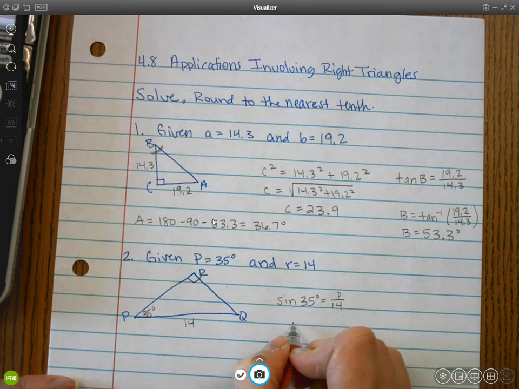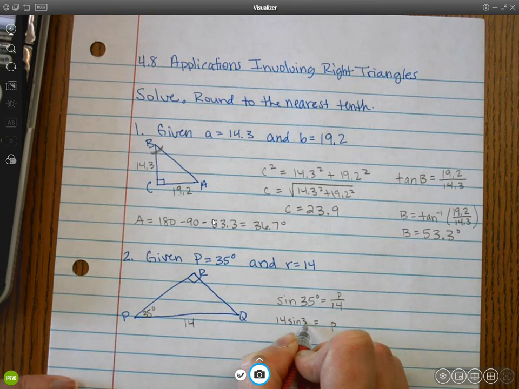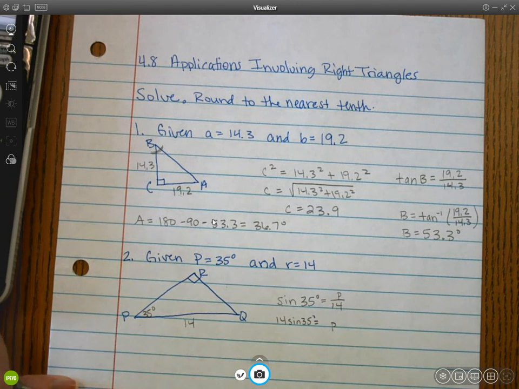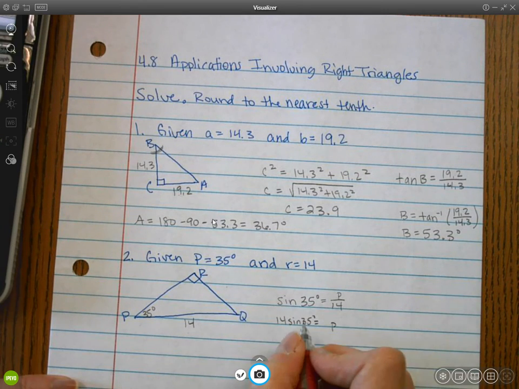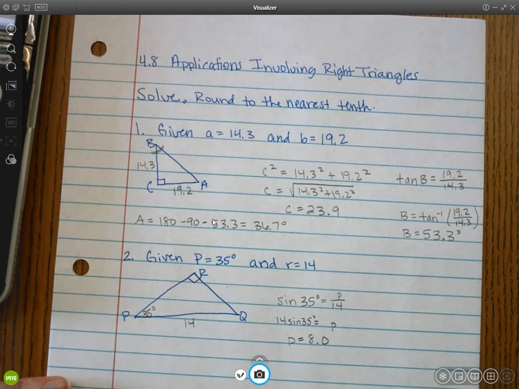My variable's on top, so I just multiply. So P is going to be 14 sine 35. So type that in your calculator. And you get that P is about 8.03. So to the nearest tenth, that's just 8.0.